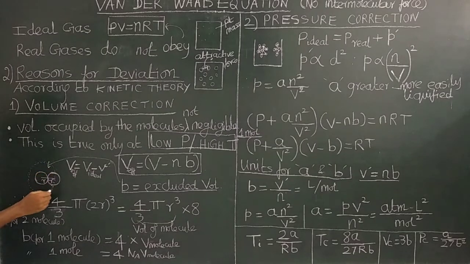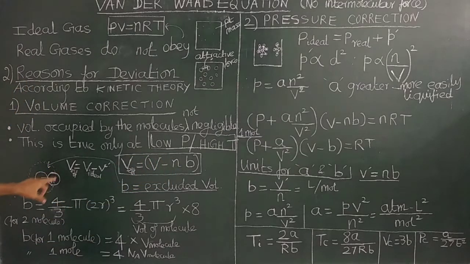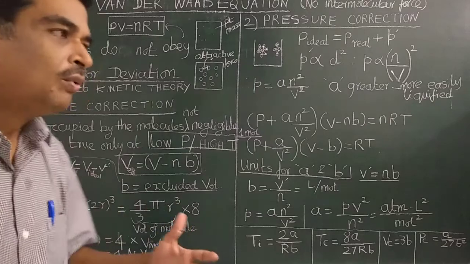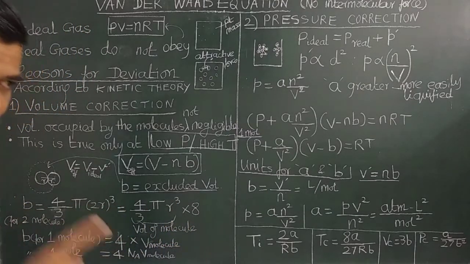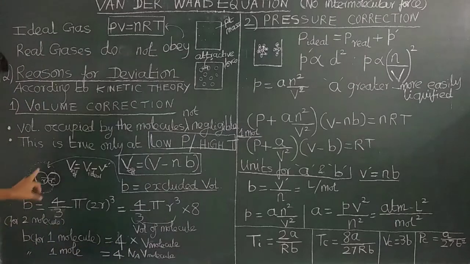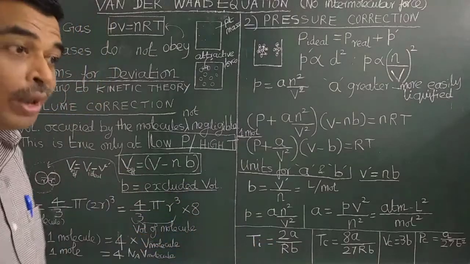Therefore, the volume of this sphere is called co-volume or excluded volume. How is the volume of the sphere calculated? You know the formula: volume of the sphere equals 4/3 πr³. This sphere is not available for other molecules to move about.